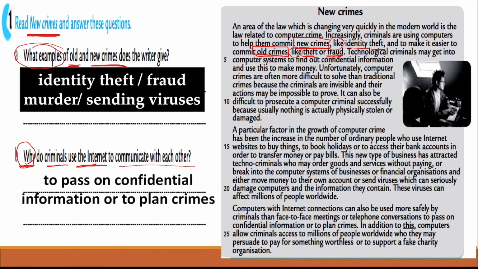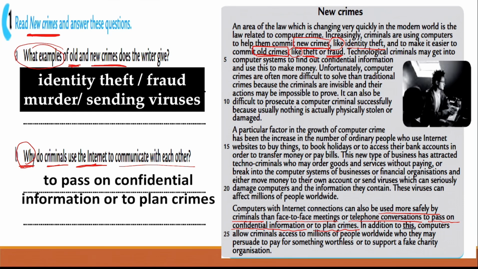Okay, if you look here, keep going through the text, you'll find here at the last paragraphs, computers and the internet connections can be used more safely by criminals than face-to-face or telephone conversations. Why? To pass on confidential information or to plan crimes.